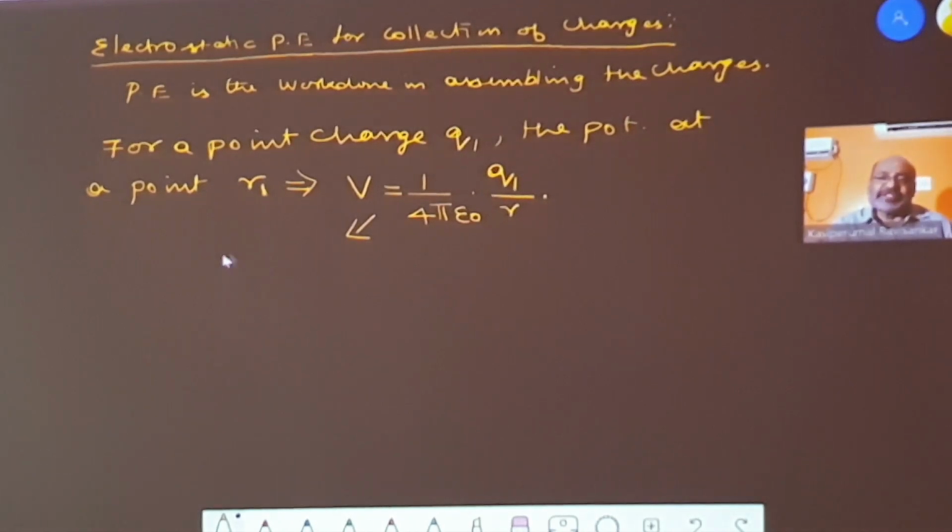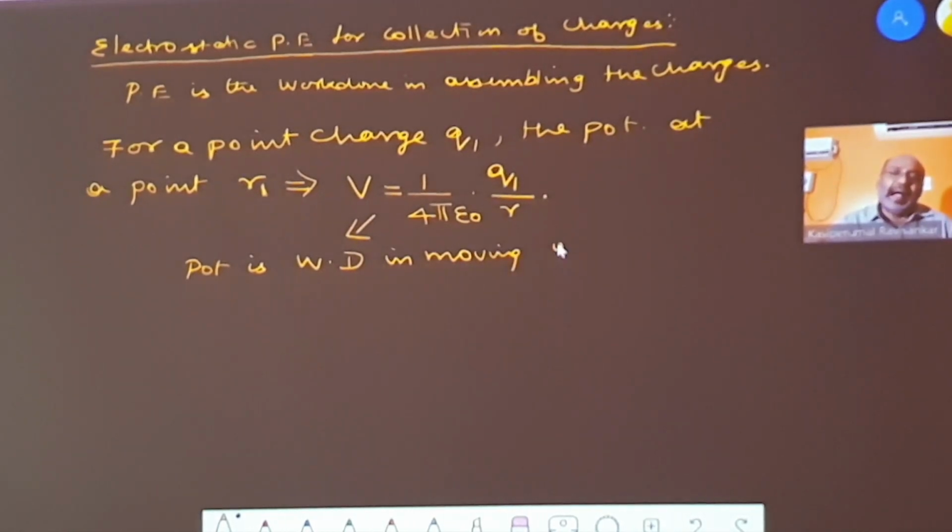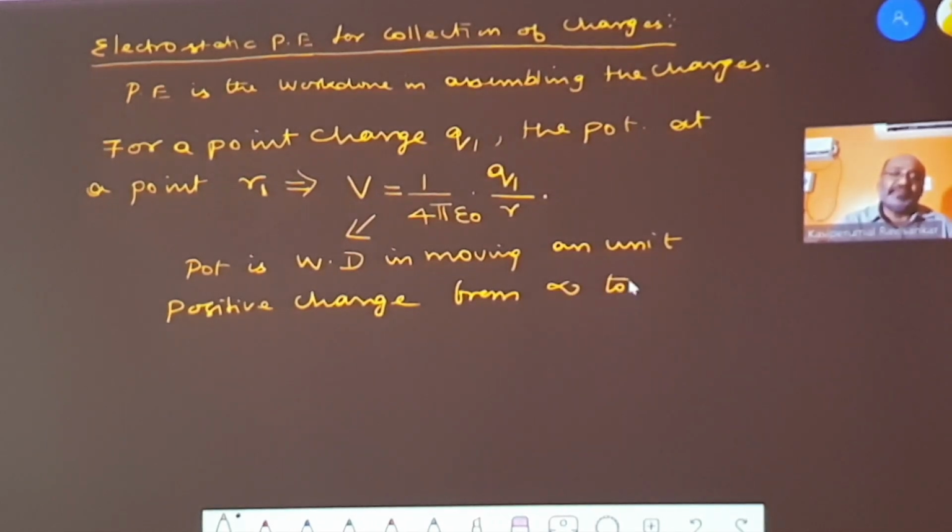What is this potential? We know that the potential is nothing but the work done in moving a unit positive charge from infinity to that point.